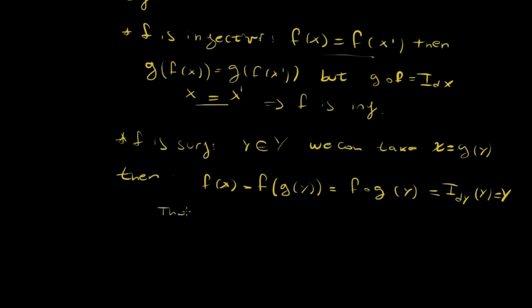Well then, we took an element y and we were able to find an element x such that f of x equals y, then f is surjective. Because of these two things, we have that f is bijective.